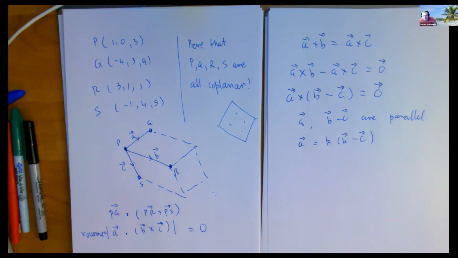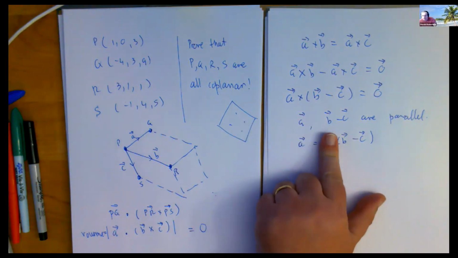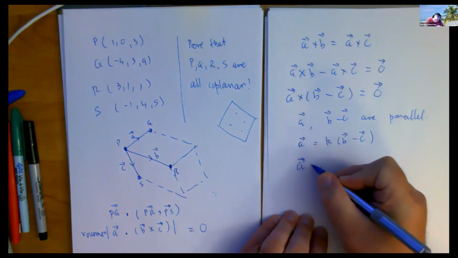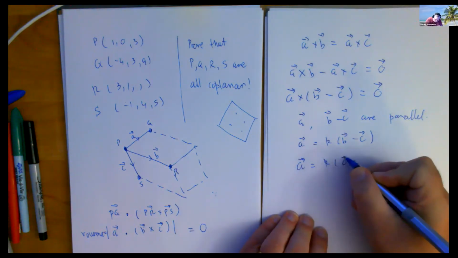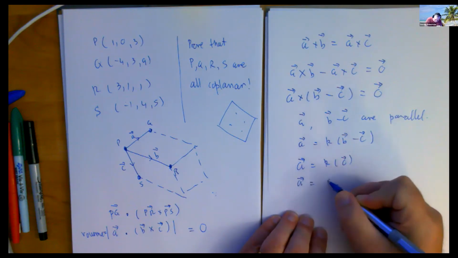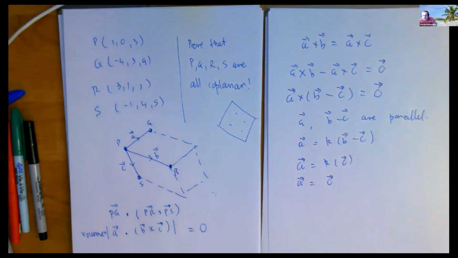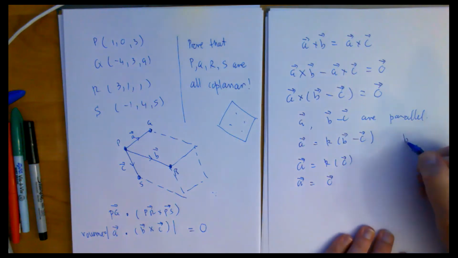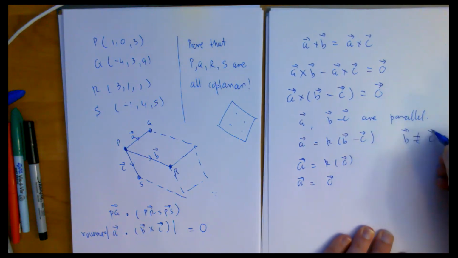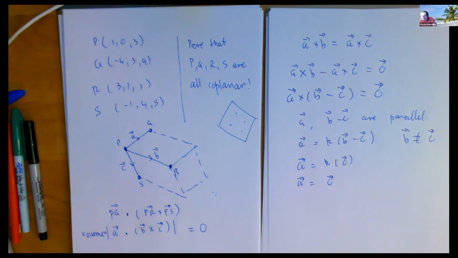Agreed? Now, if B and C were equal, what would B take away C be equal to? 0. And you're saying that any vector A is going to be k times the 0 vector, which means you're saying A can only be the 0 vector. Do you see that's a contradiction? Yeah. So that means they're never going to be equal to each other.